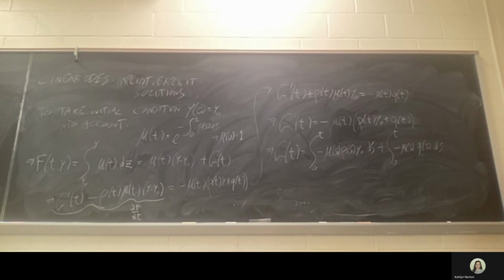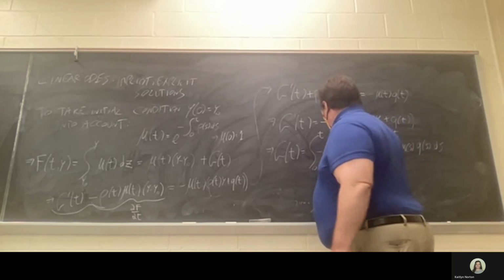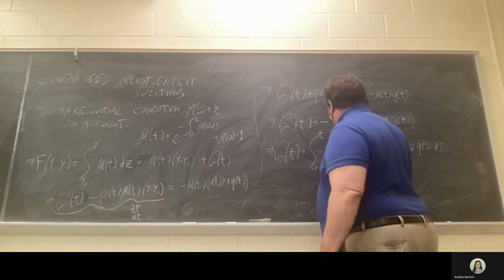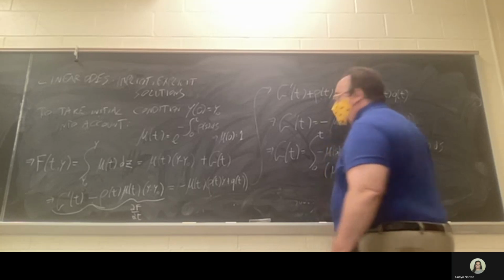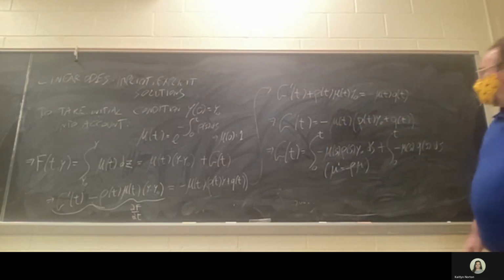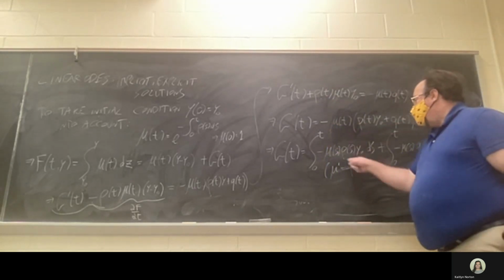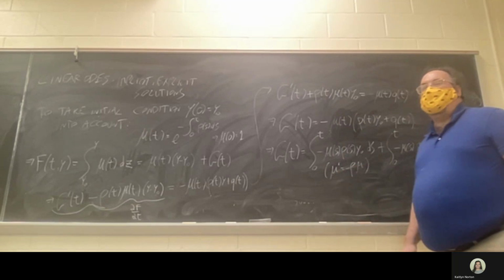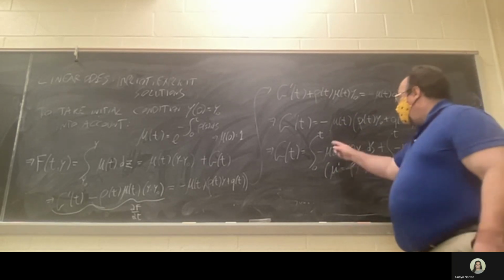Because, recall, mu prime is equal to minus p times mu. So the integral of minus p mu is just mu. So I'm undoing that.